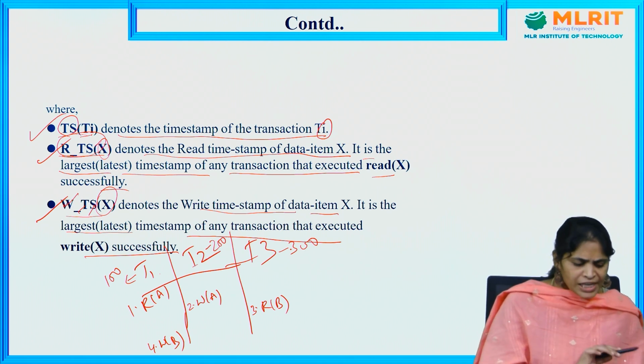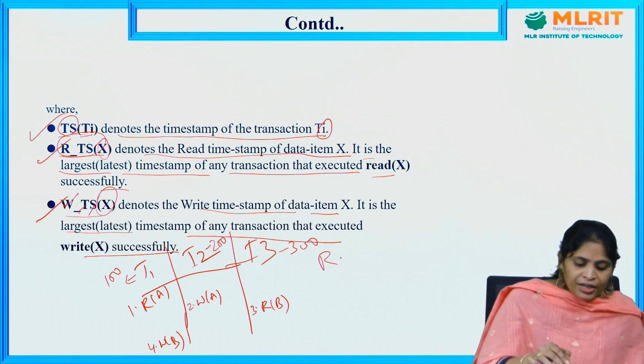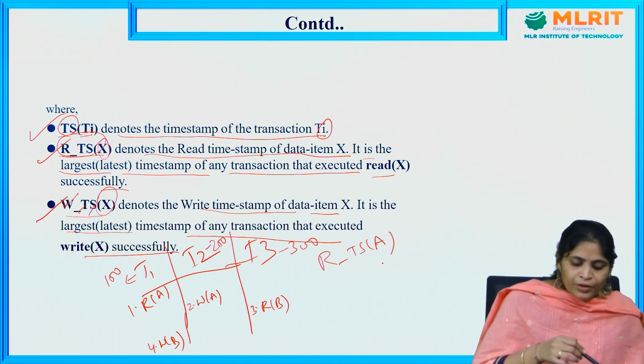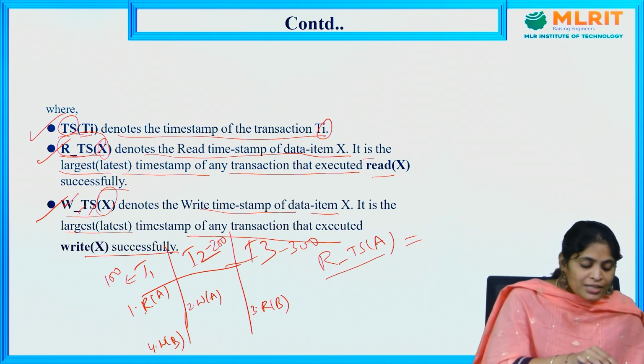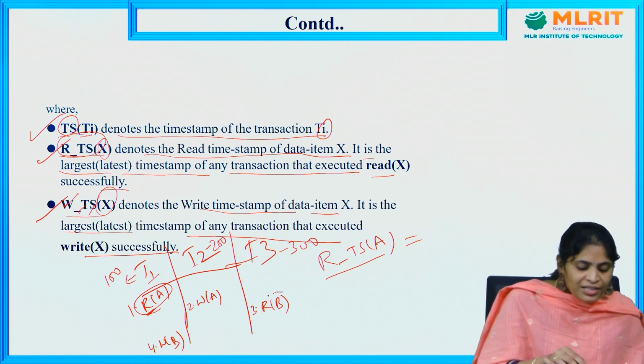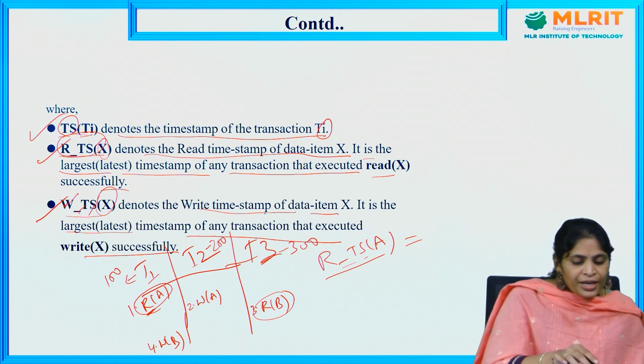Okay. So what is the read timestamp of A? Read transaction is there in T1 and read transaction is there in T3. So what is the RTS of A here?